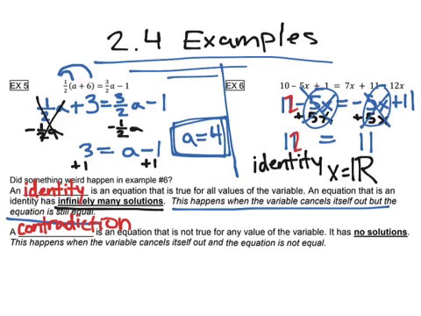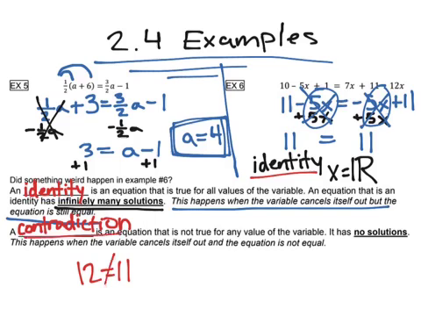Well, that 12 does not equal 11, so that would be a contradiction. So it would be as simple as that. So if the variables go away like that, if it's equal to each other, then it's an identity. And if they're not equal, if it's 12 equals 11, well, that's not true. So that would be a contradiction.